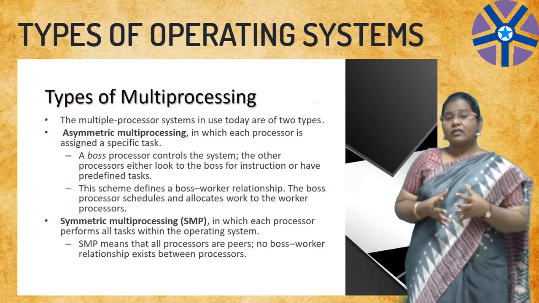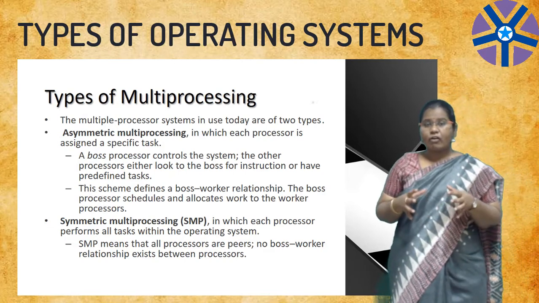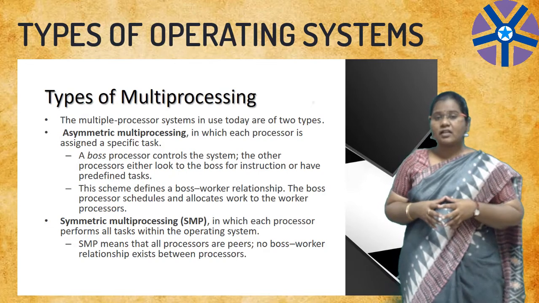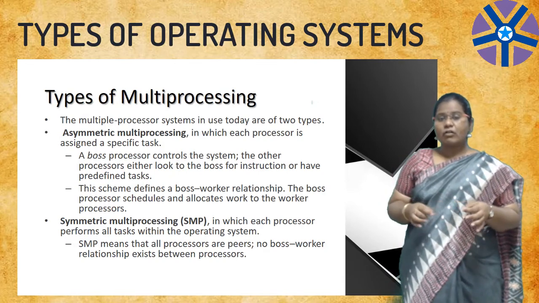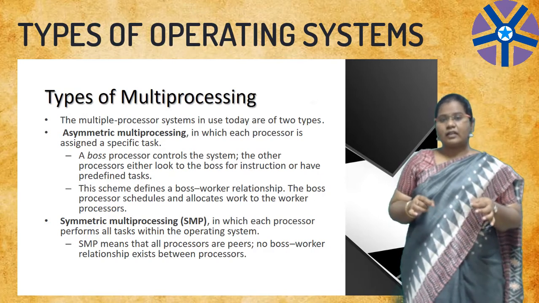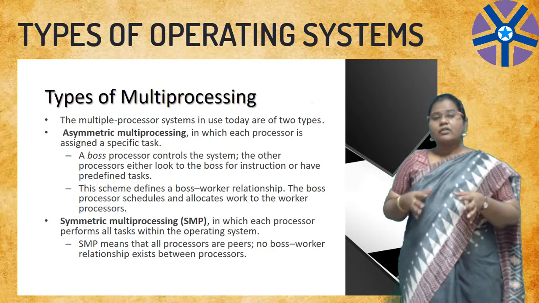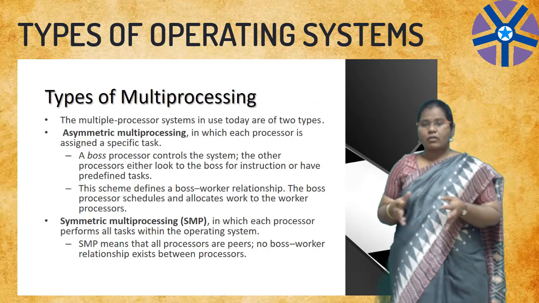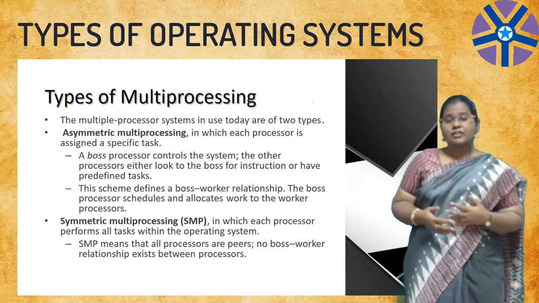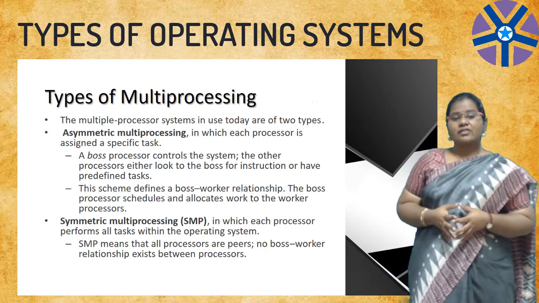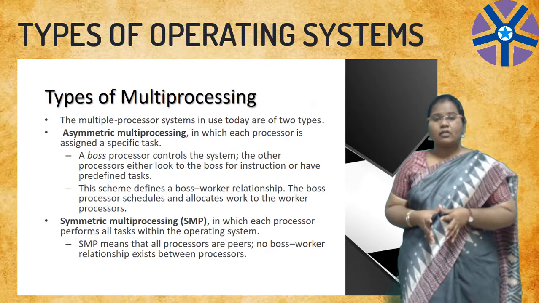And when there is no boss worker relationship, that is, all the processors are considered peers, meaning all the processors present have the same priority, with no master slave relationship between them, such an operating system is called a symmetric multiprocessing operating system.